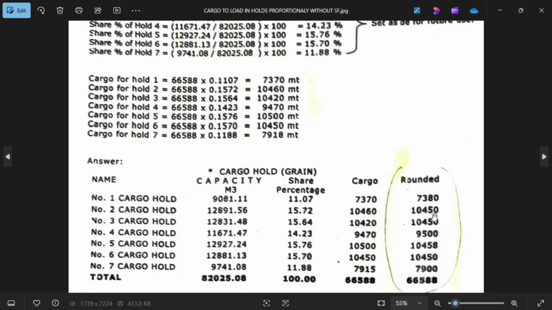If we have more weight on the forward and aft part, that will be a hog condition.